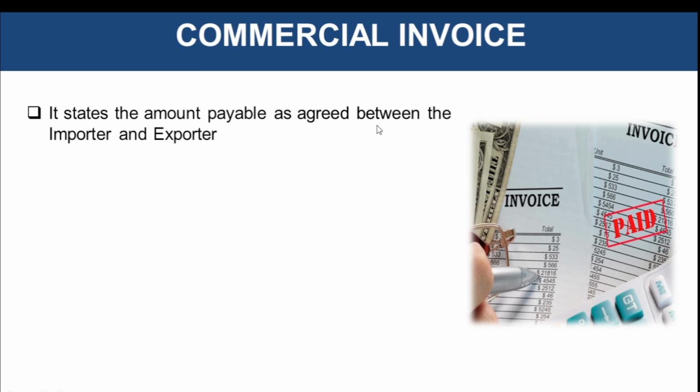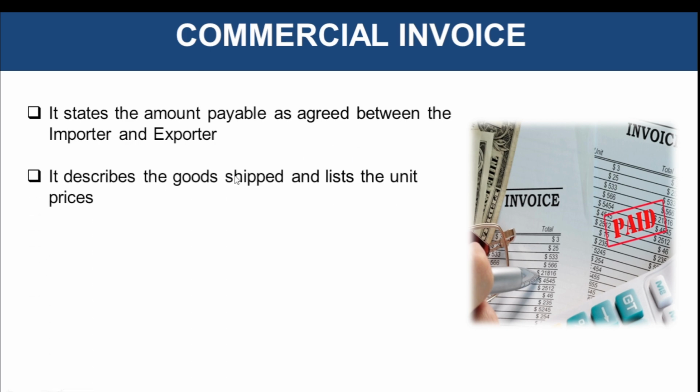So as per the agreement or contract between the buyer and seller regarding the quantity of the goods involved in this particular transaction, the commercial invoice will also mention the goods that are being shipped and will list the unit prices. Unit prices, what does it mean? Commercial invoices would not only mention the cumulative amount.